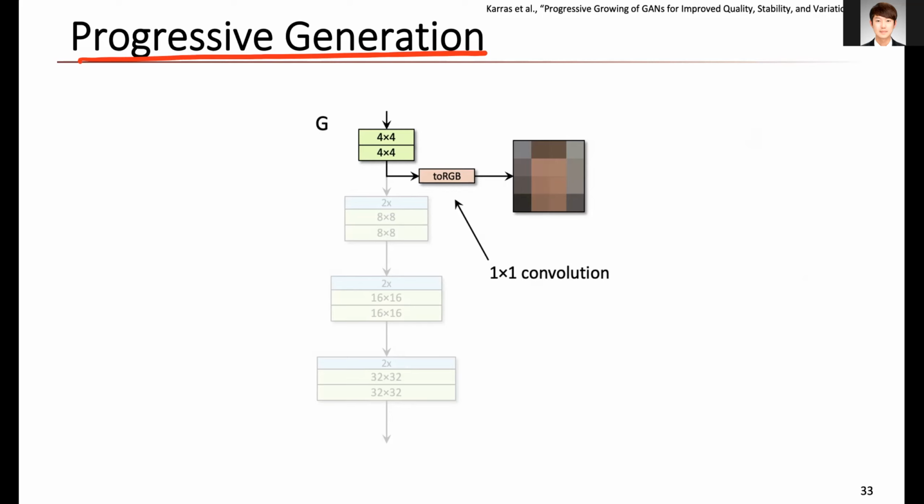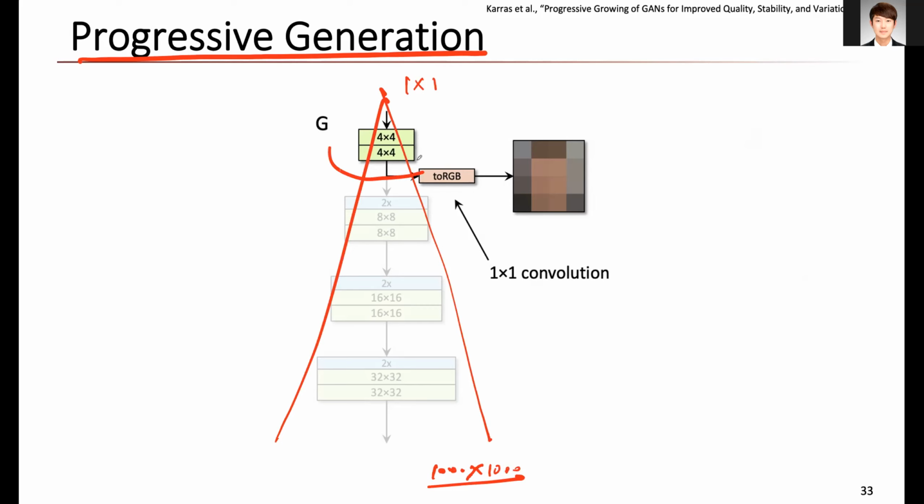So the idea of the progressive GAN was, okay, let's suppose the generator looks like this. Starting from 1 by 1 to 1000 by 1000, they want to train progressively, from the coarse layer to the final layer.